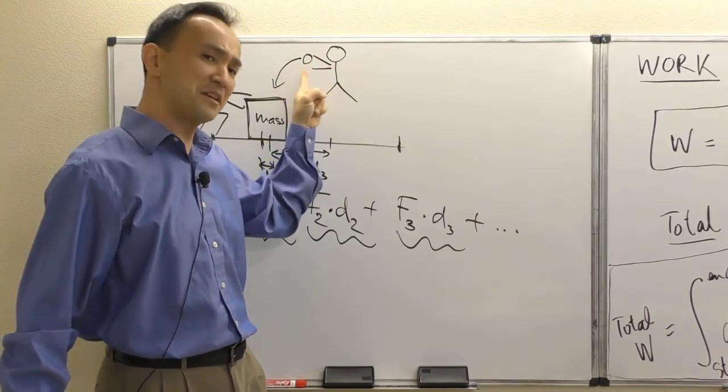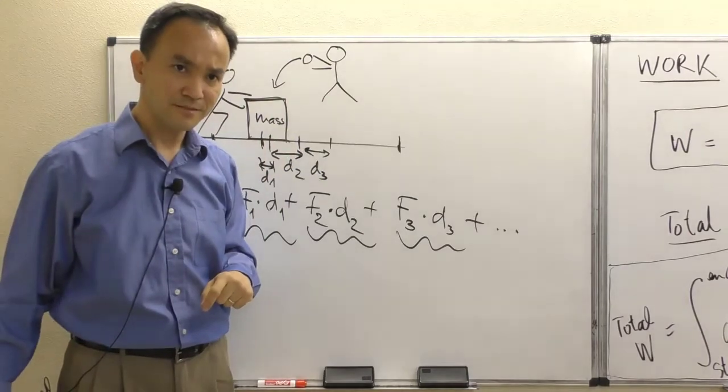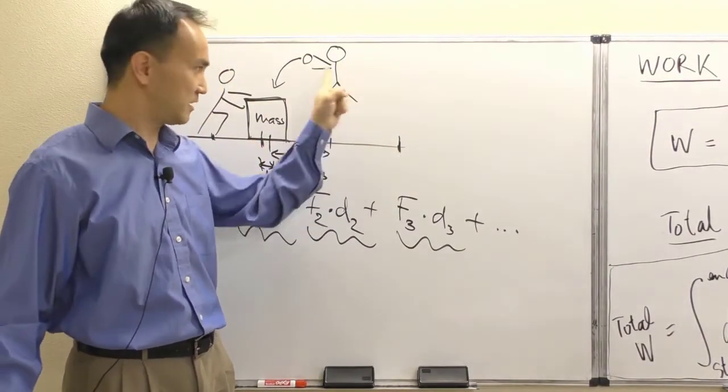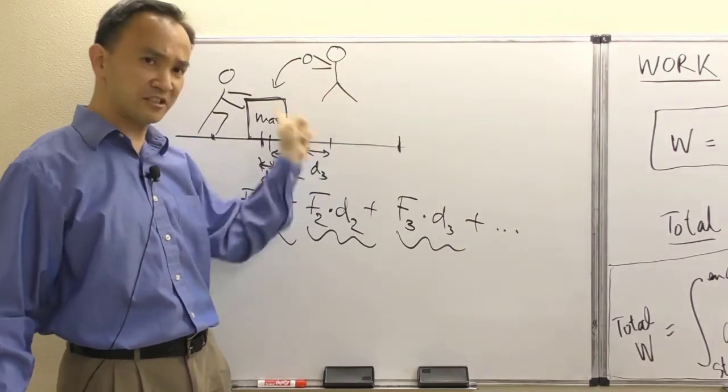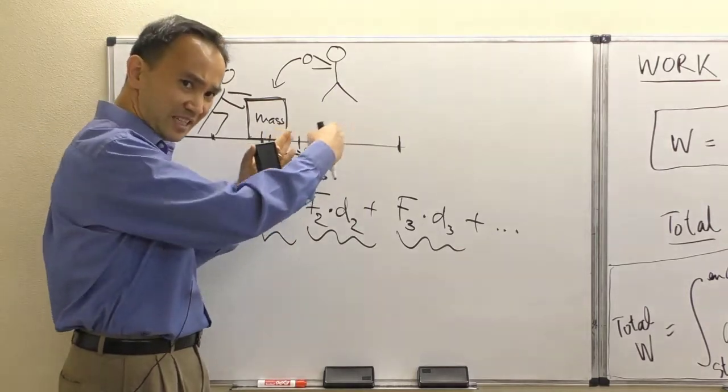If he's fast enough, he can keep adding more instantly, so the distances will get smaller and smaller.